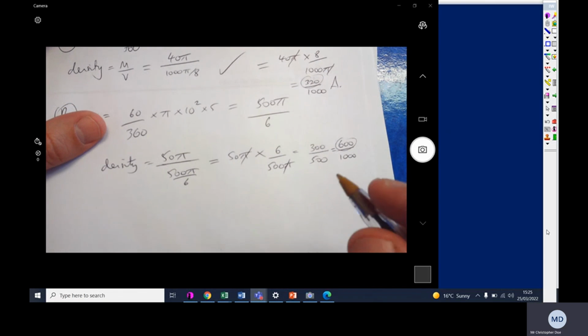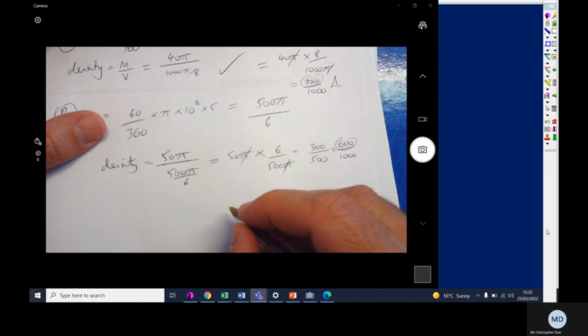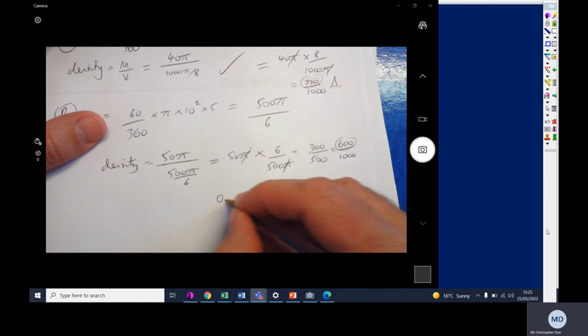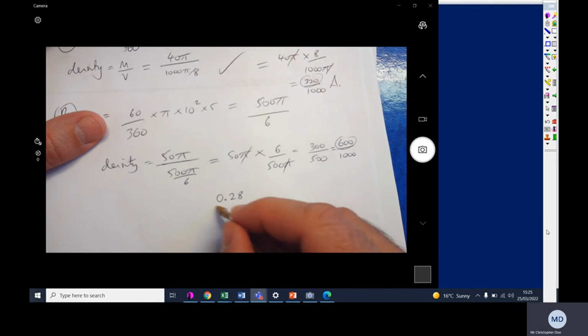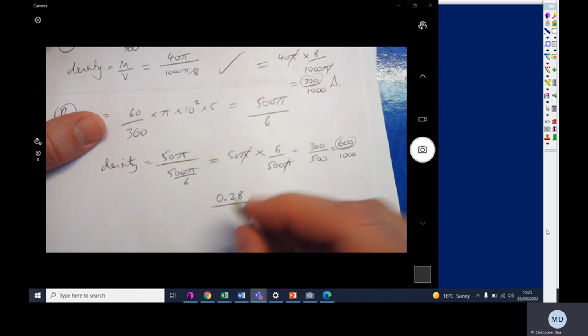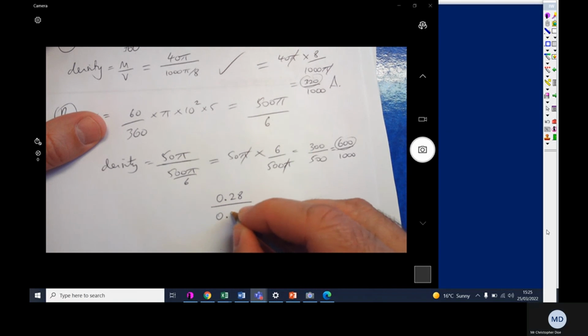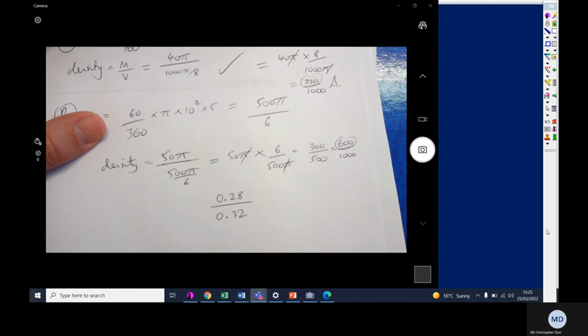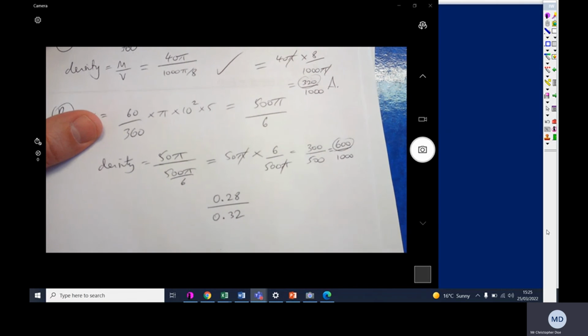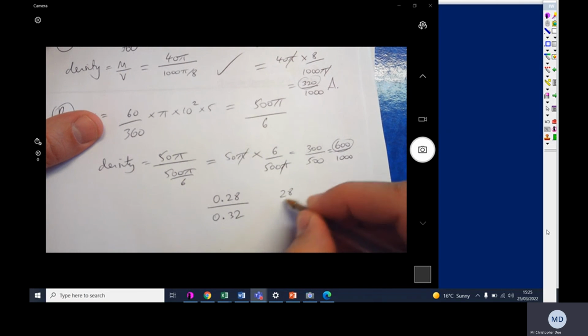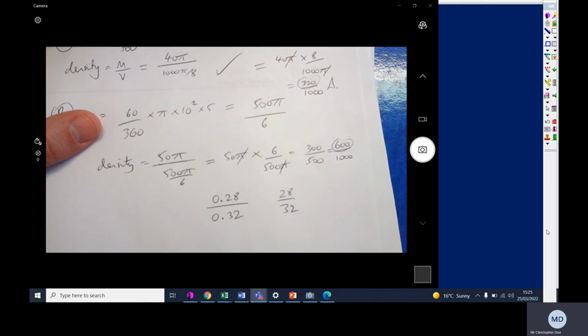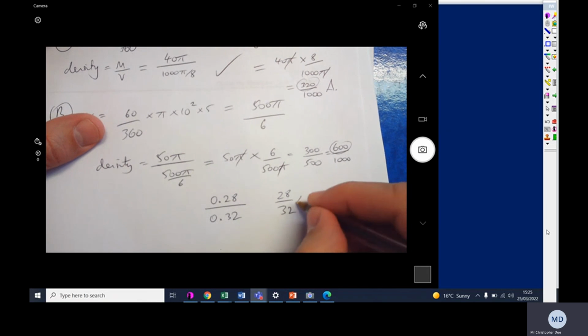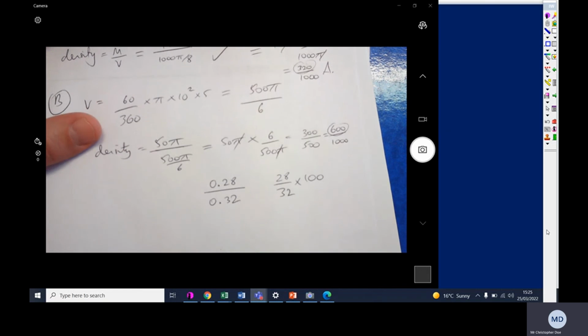So the difference between them, do them as decimals, we've got 0.28 is the difference, and the one of A is 0.32. So we want that as a percentage. Maybe it would be better to do 28 over 32 and get rid of the decimal points. I want that as a percentage, so I'm going to times that by 100.